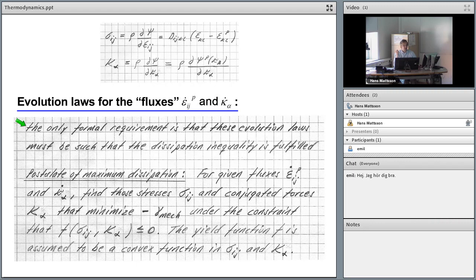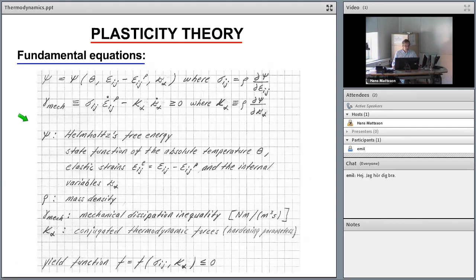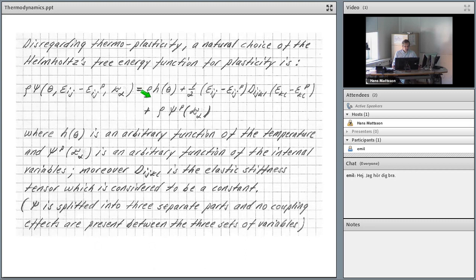The dissipation inequality we have here, the mechanical dissipation inequality, like this. And it says it should be larger or equal to 0.